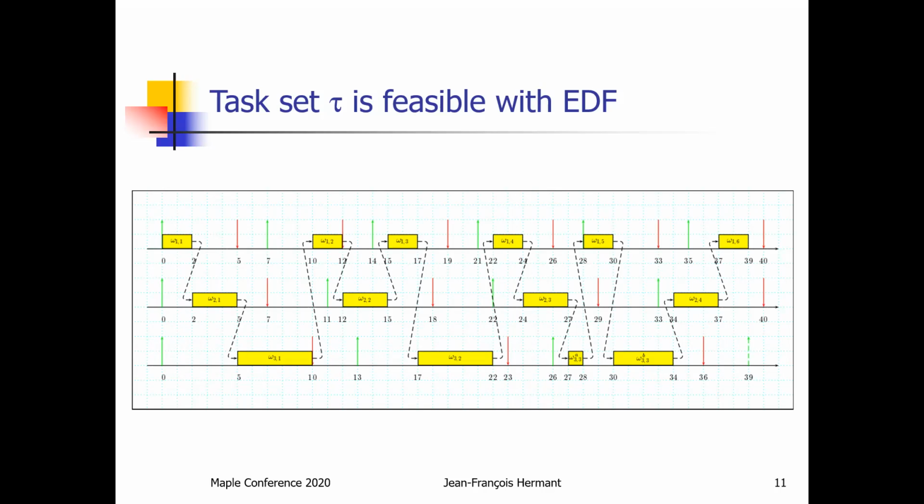The activation requests are the green arrows. The absolute deadlines are the red arrows. In this example, we see that no deadlines are missed over time interval 0, 40. We'll see later that it is sufficient to prove that task set tau is always feasible with EDF.